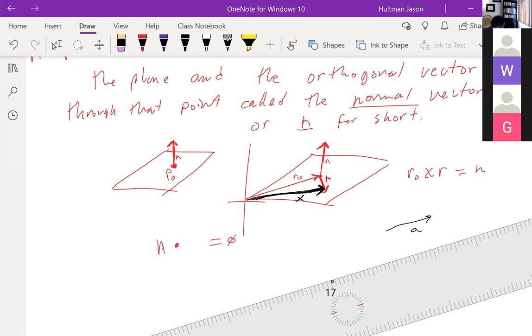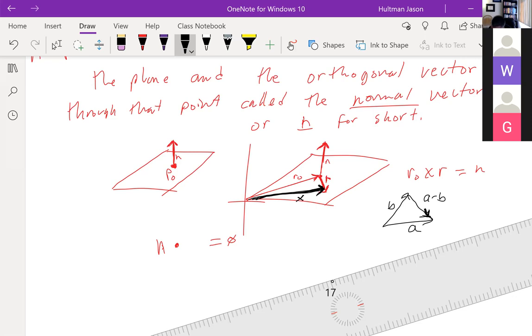Again, we have A and B, right? If we have this arrangement here, then this guy here is A minus B, right?